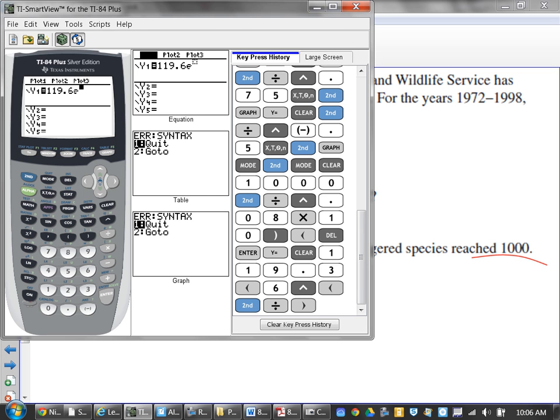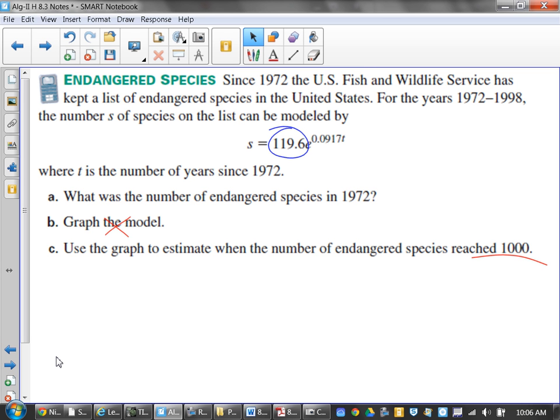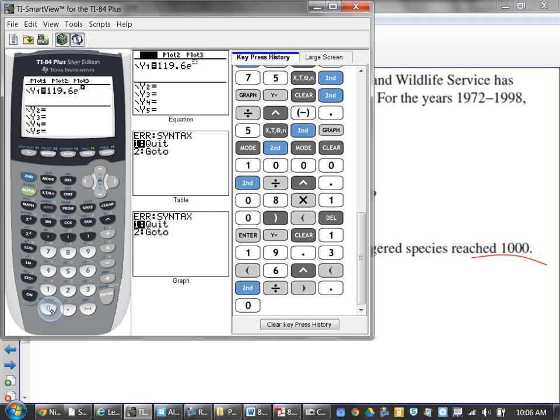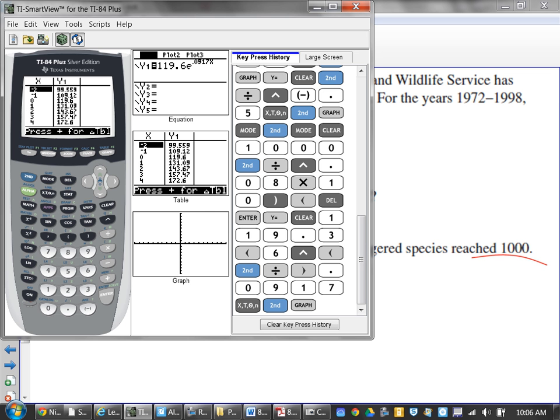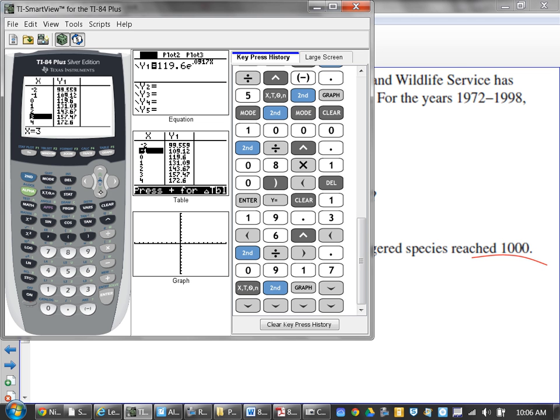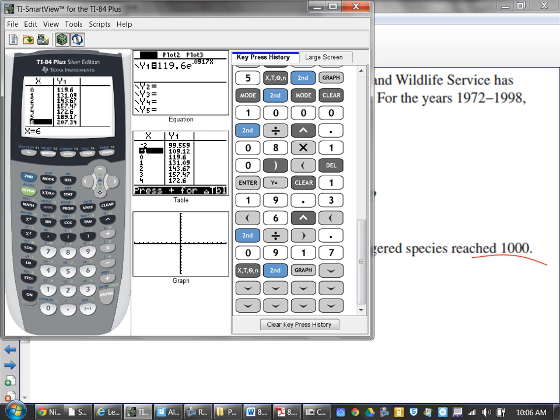What was the decimal value for the e? 0.0917. Now, they're asking you to figure out after how many years your species wound up at about 1,000. Well, you're just scrolling through the table looking for the y value to get to 1,000.